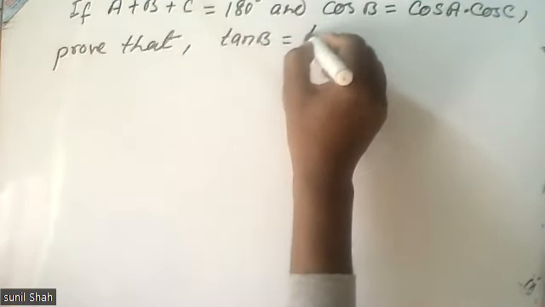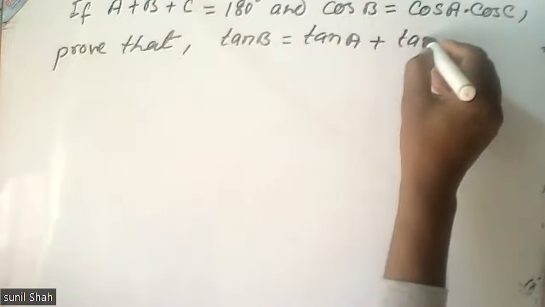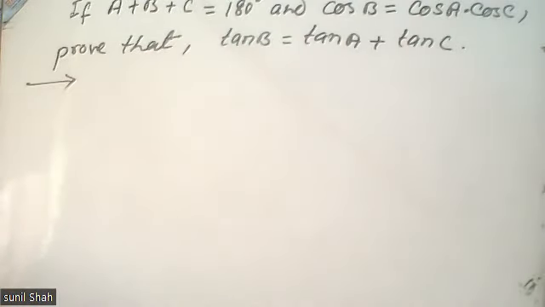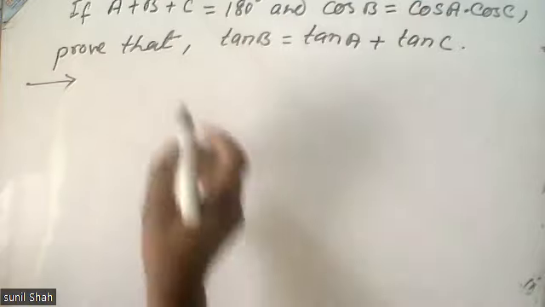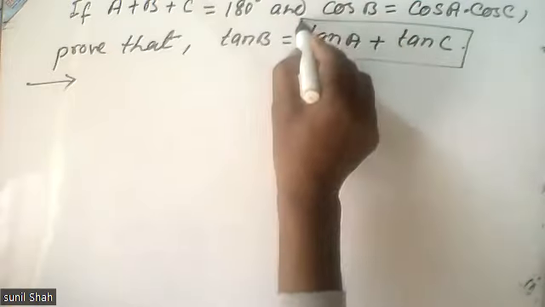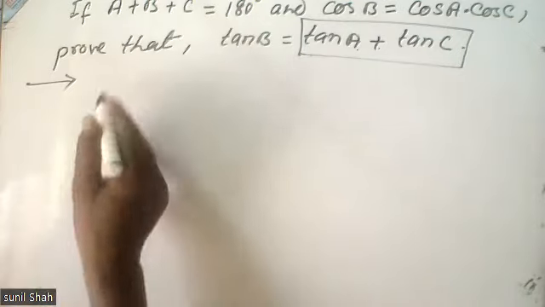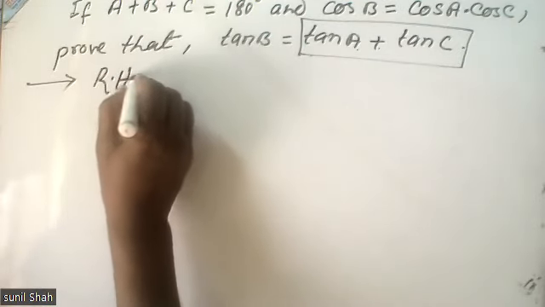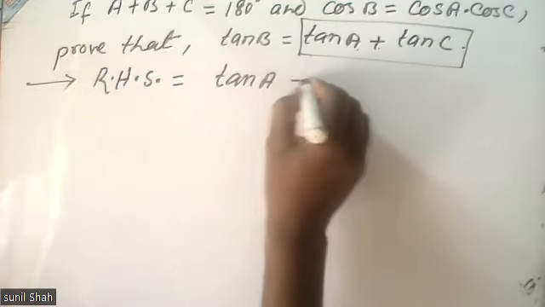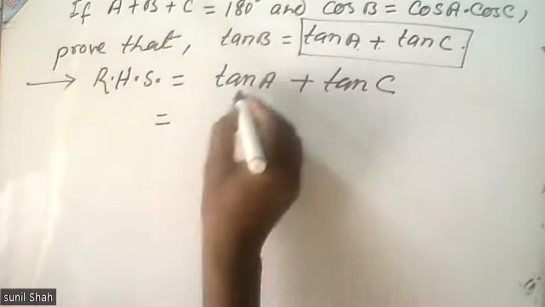Tan B is equal to tan A plus tan C. Here again we can start with this RHS, tan A plus tan C. Prove that tan A plus tan C is equal to tan B. RHS is equal to tan A plus tan C. What is tan A?